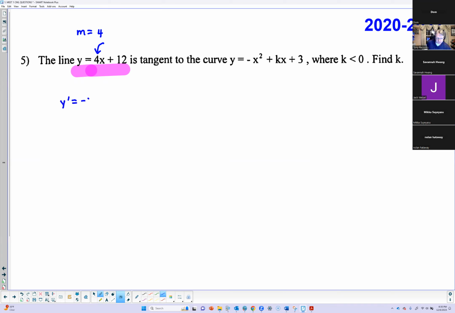So let's take the derivative of our y, which is not bad. Boom, done. And you're going to set that equal to 4. You guys, sometimes that's all it takes to get into a problem, is to read that language and just understand what does it mean. But this is a real central idea of calculus, right? Okay, so what's k equal to?